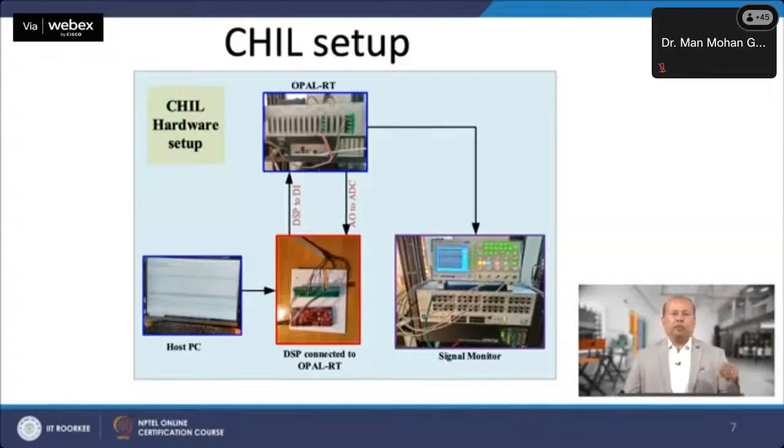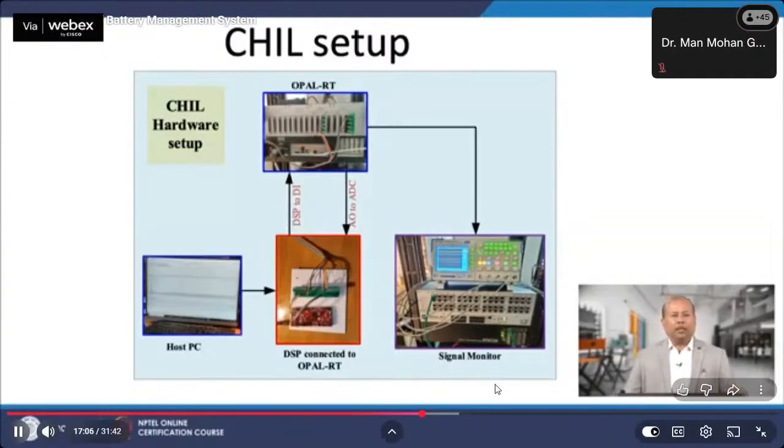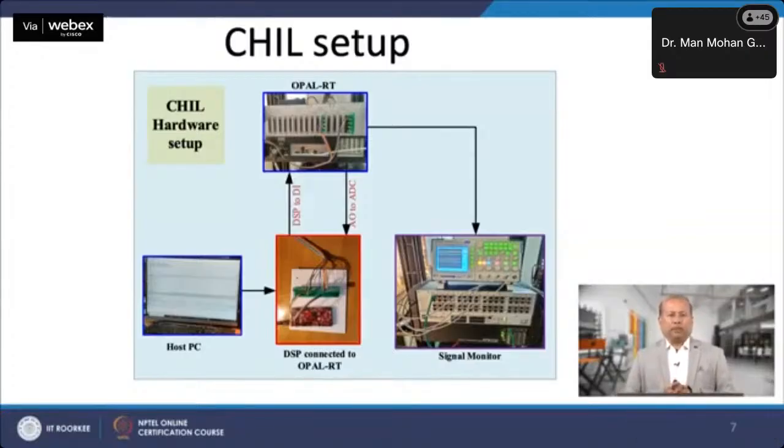The input will be provided from the OPAL-RT, which is taken here as a plant, to the ADC of the TMS board and is utilized for the control logic development. By utilizing MATLAB, the control logic is developed, and through hardware simulation the developed code in MATLAB is flashed into the TMS board.